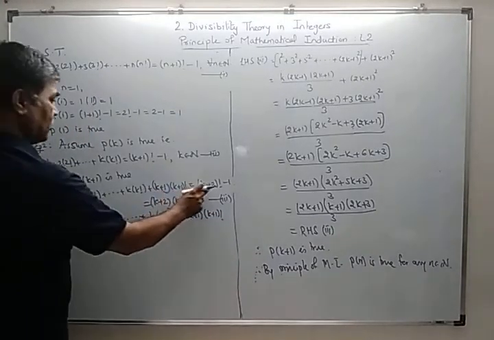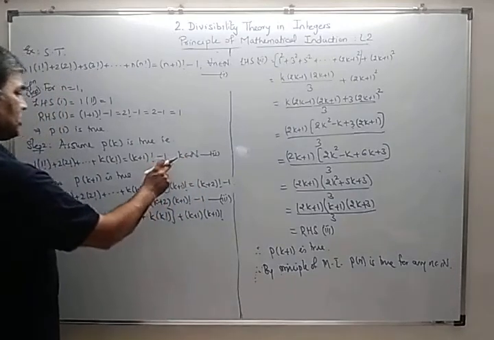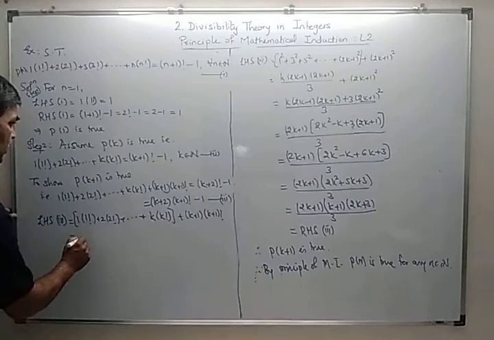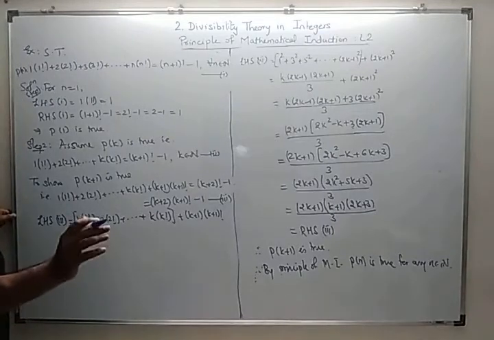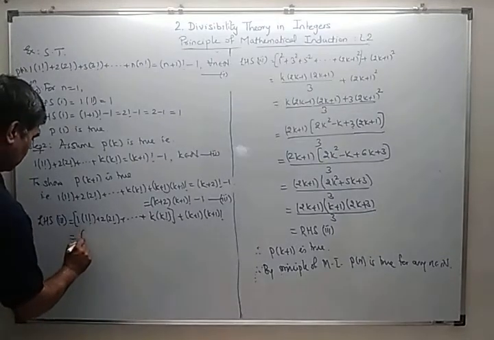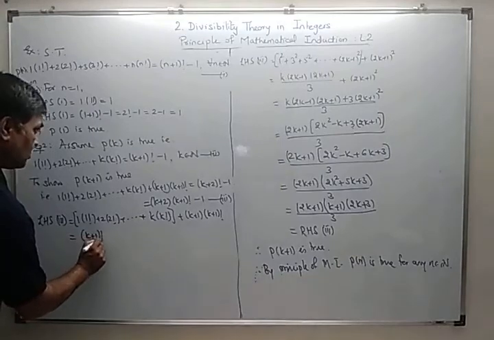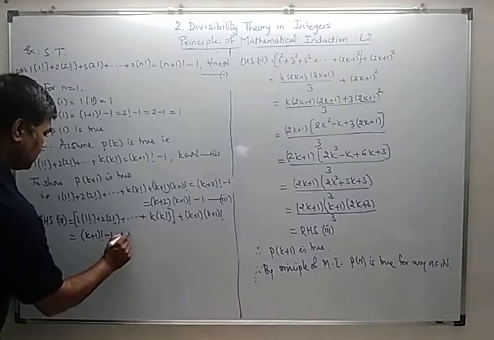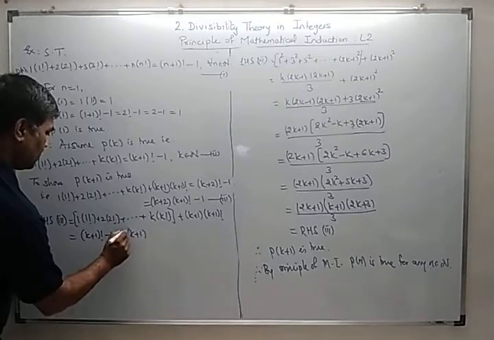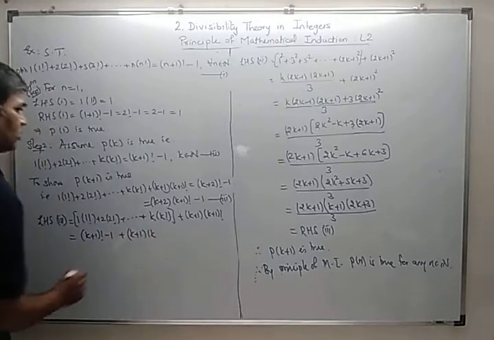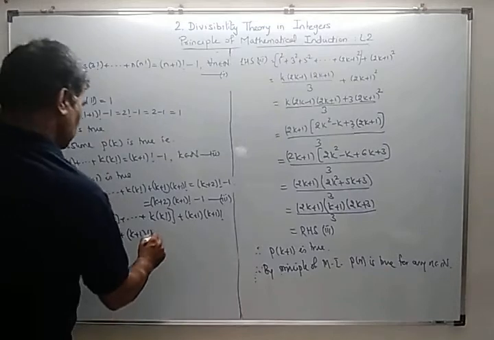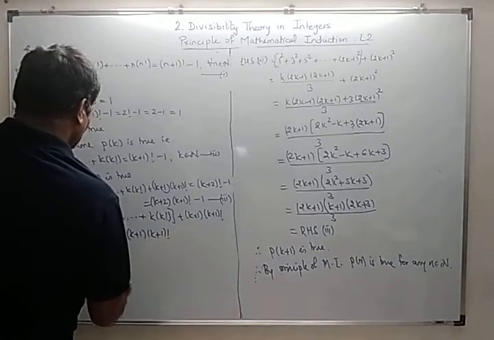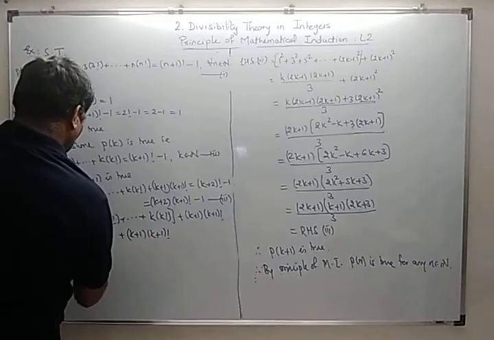Then by the hypothesis assumption, that is Pk is true, this is nothing but k plus 1 factorial minus 1 plus k plus 1 into k plus 1 factorial. We'll take this k plus 1 factorial outside.